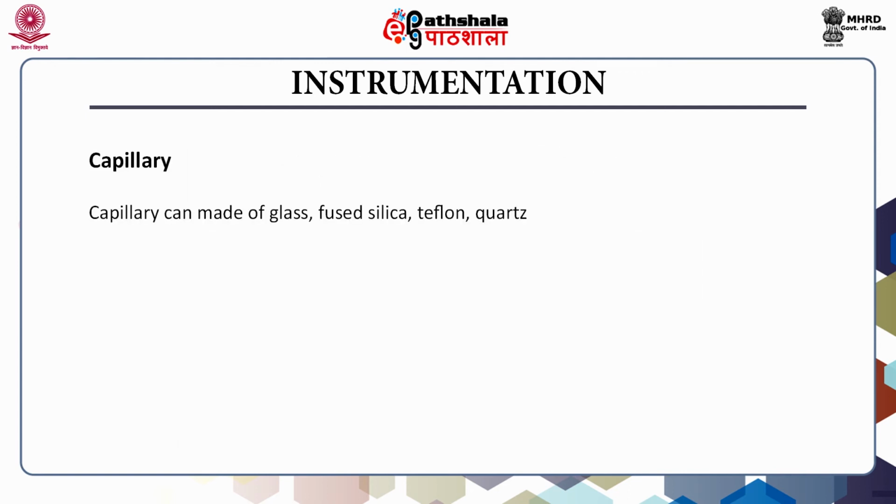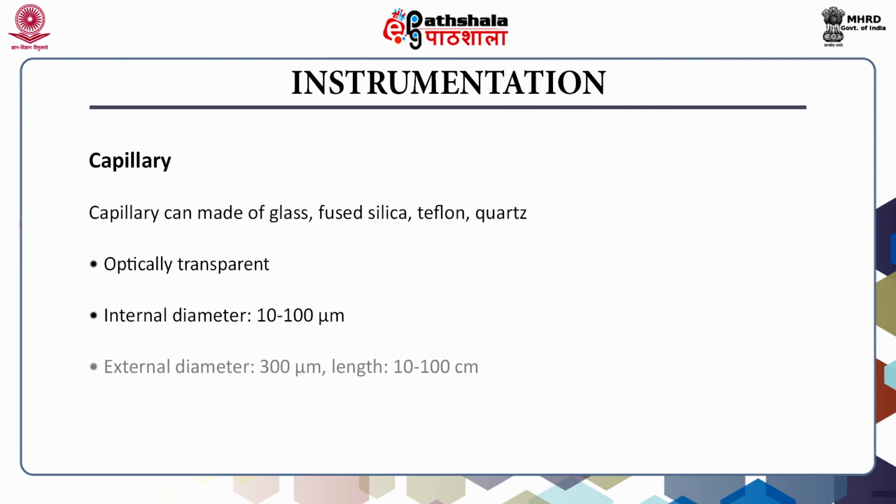The capillary can be made up of glass, fused silica, Teflon or quartz. These are optically transparent. It has 10 to 100 micrometer internal diameter and 300 micrometer external diameter. The length of the capillary is between 10 to 100 centimeter.